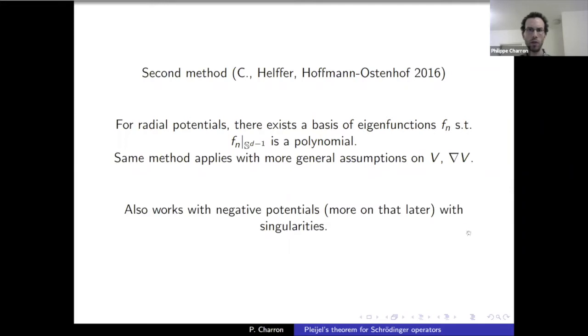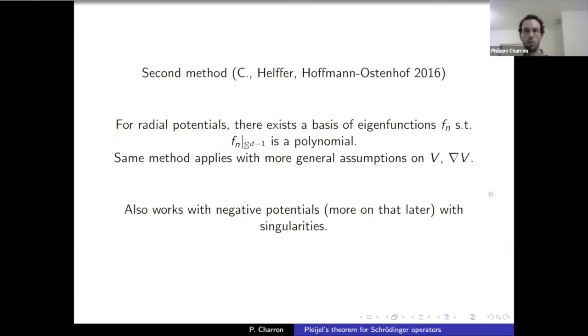I think the bound that we gave was something like V is norm of x to the b, and gradient of V is norm of x to the b minus 1, which is a more general result than the quantum harmonic oscillator, because that's exactly what you have in that case. The conditions are met.